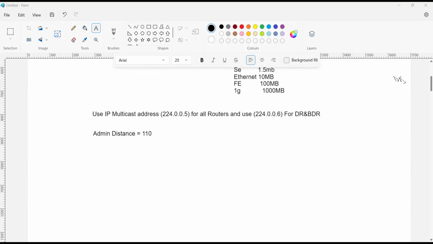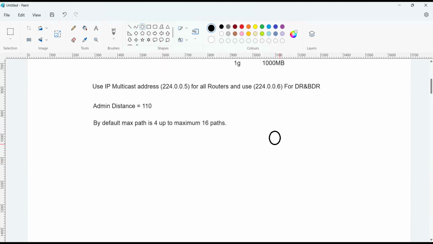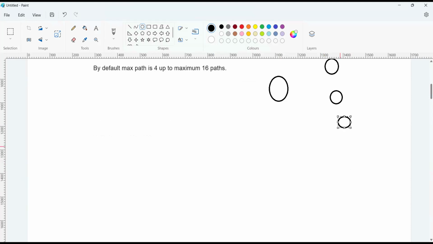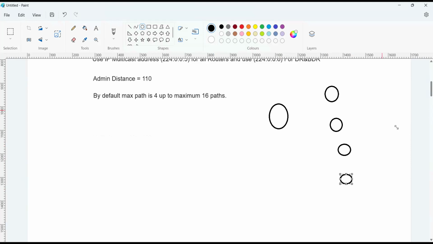What does it mean? See, here we have a router R1 and 1, 2, 3, 4. These are 4 paths and our destination is here. So from source to destination.